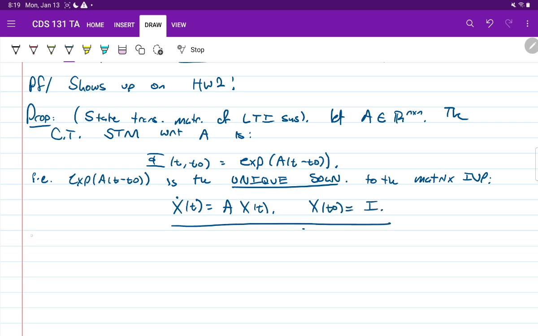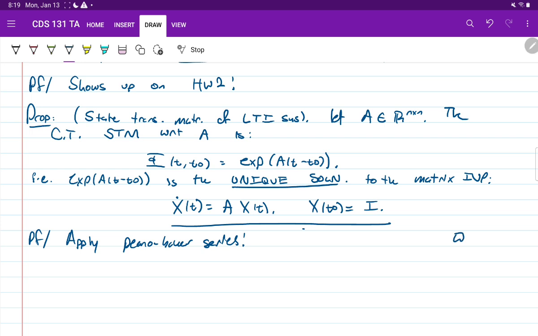The proof of this is just to apply the Peano-Baker series. We've actually already done all of the work for this in the previous lecture. We just have that the Peano-Baker series reduces to the matrix exponential when we have a constant matrix. And that's a proof.